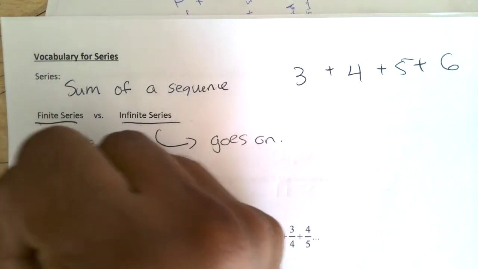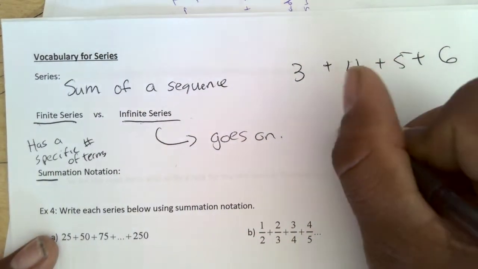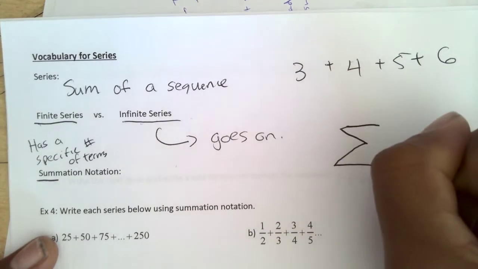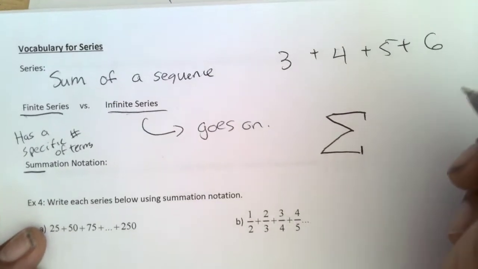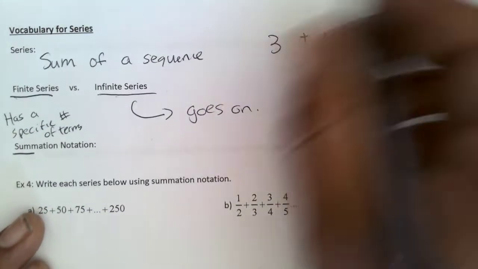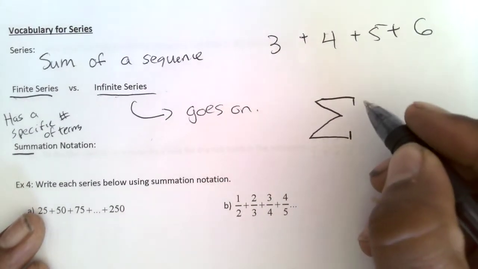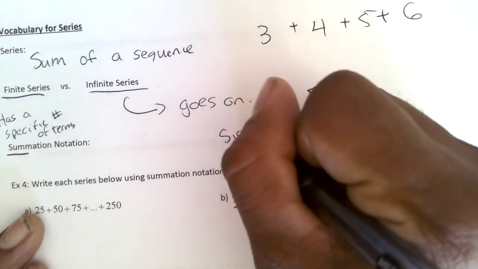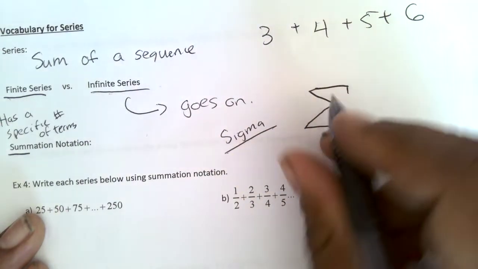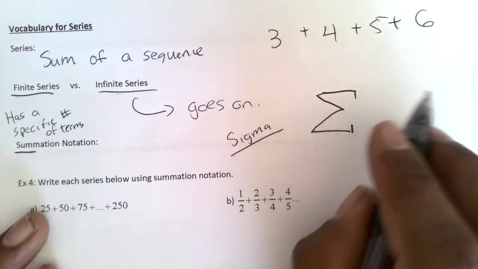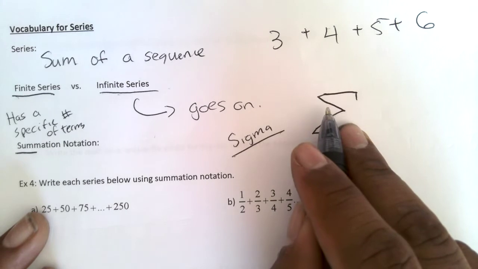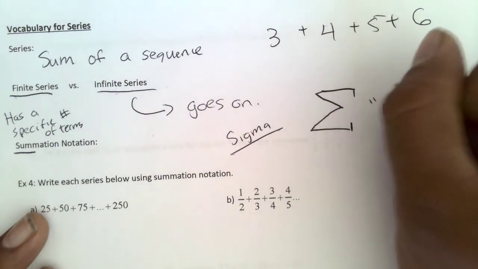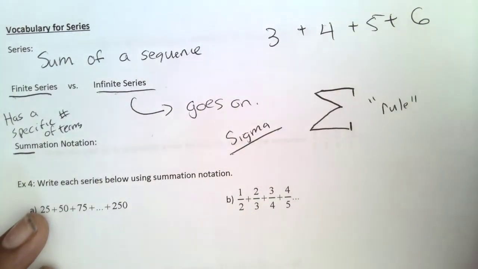But I keep talking about this word sum, so we're going to go ahead and draw a symbol for a summation. It's an uppercase sigma in the Greek alphabet, and we're going to use this to say we're going to add it up. So this is called sigma, and it means summation. So we need to put some info on it. In general, what we'll have right here is our rule or our equation.